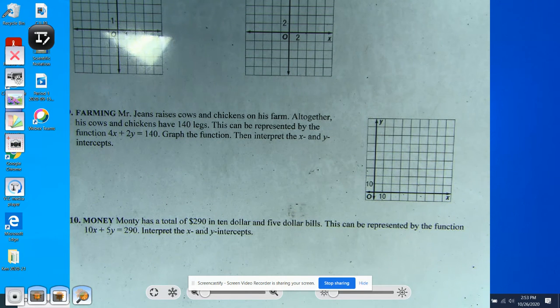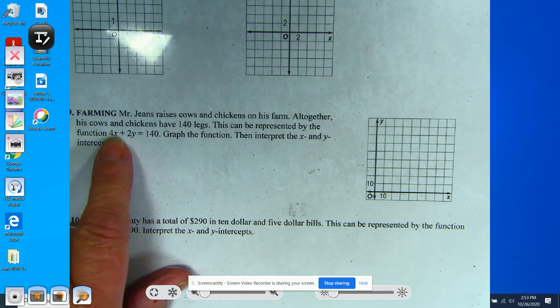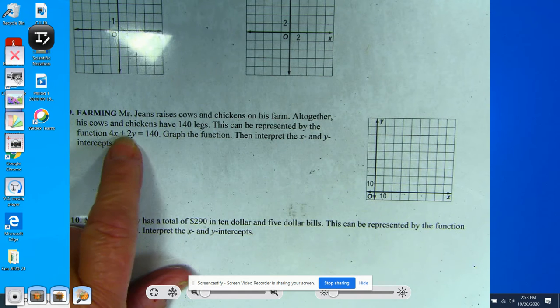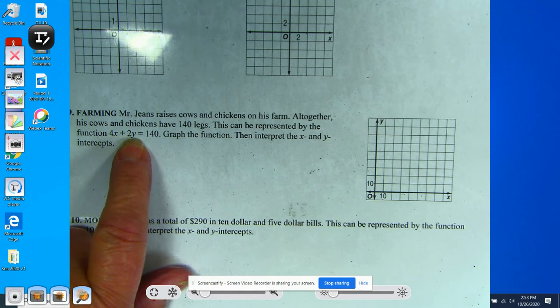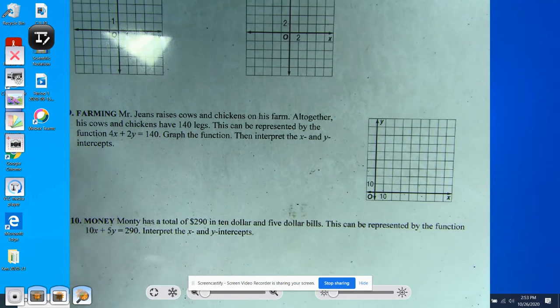This can be represented by a function, 4x, because four legs for x. So x is the four-legged creatures. Two-legged creatures are represented by y, and that's 140 legs. So what they want to know is, if you had nothing but four-legged creatures, how many would you have? And if you had nothing but two-legged creatures, what would you have?